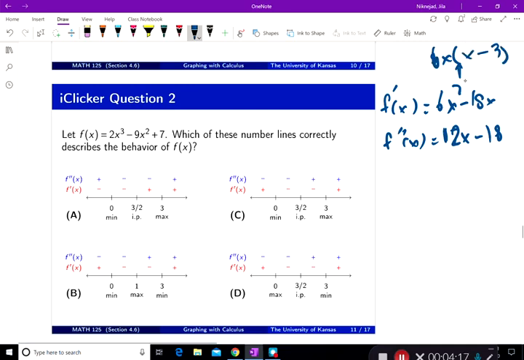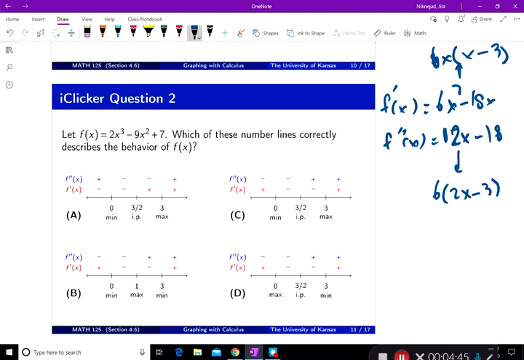So these are the roots of f prime. Here I can factor 6 and I get 2x minus 3. So the root of f double prime is 3/2. The roots of f prime are 0 and 3. So for f prime, the sign changes as we go through it.